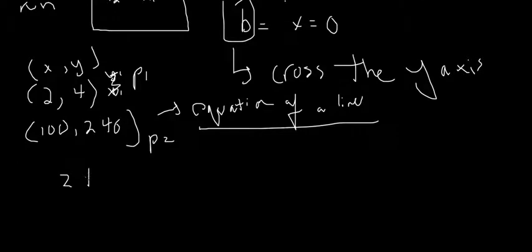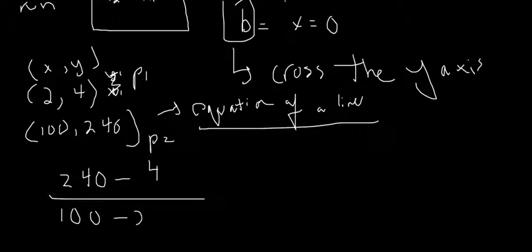My y2 is 240, take away my other y, which is 4. And my x2 is 100, take away 2, because it's x2 minus x1 of the x's, right?